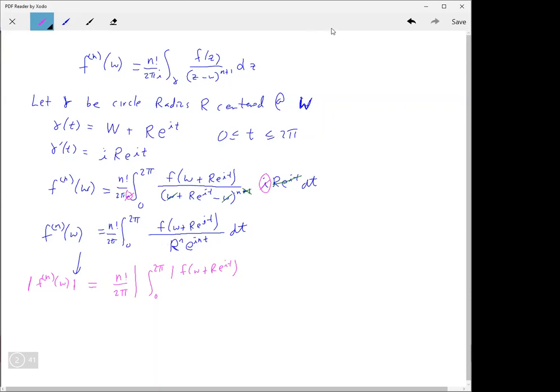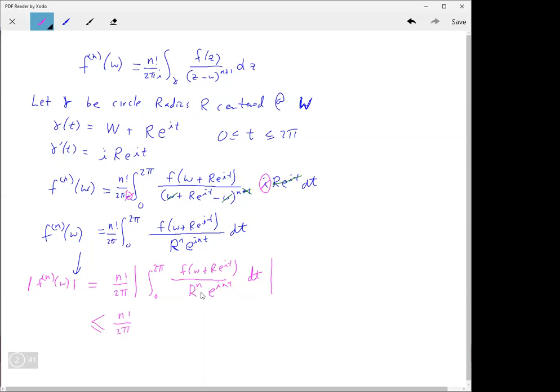Actually, don't take the modulus there. I'm not supposed to take the modulus inside. Over r to the n e to the int dt. Okay, so there's the ML inequality.